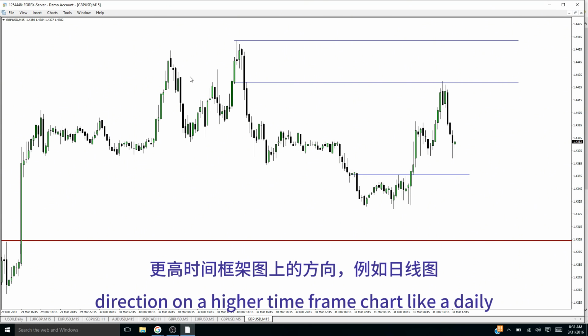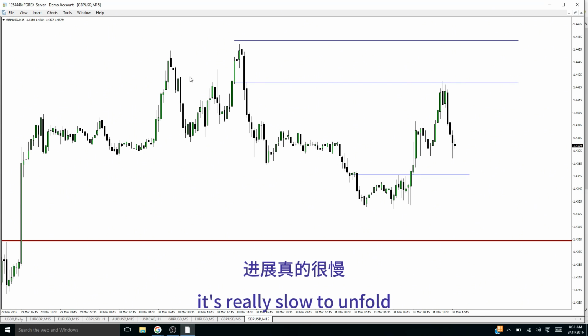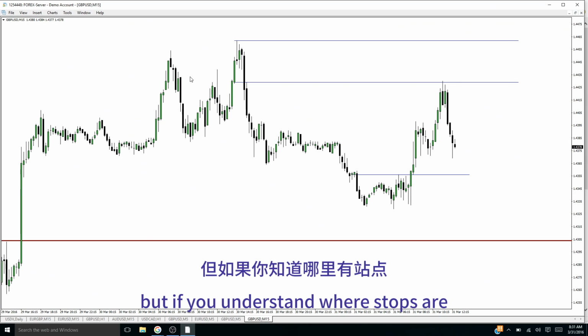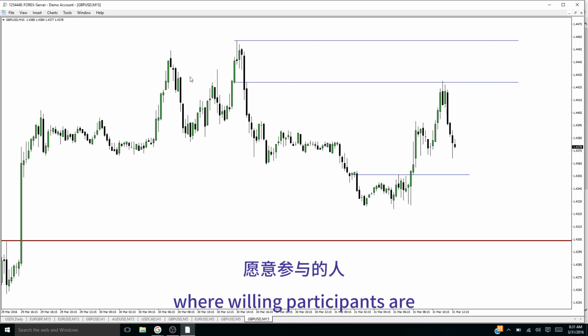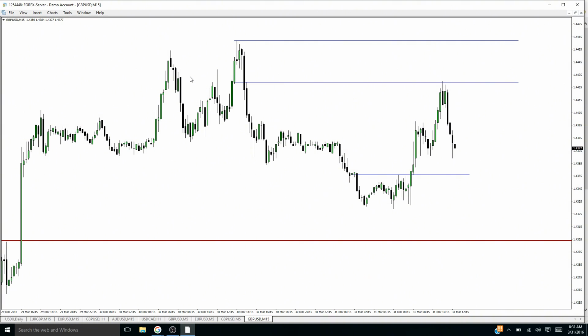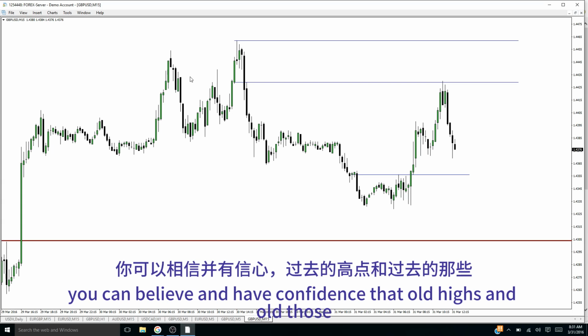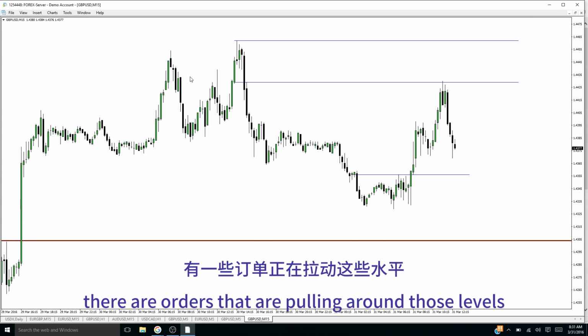Direction on a higher time frame chart like a daily is really slow to unfold. But if you understand where stops are, where willing participants are in the marketplace with real orders, you can believe and have confidence that at old highs and old lows, there are orders pulling price around those levels.